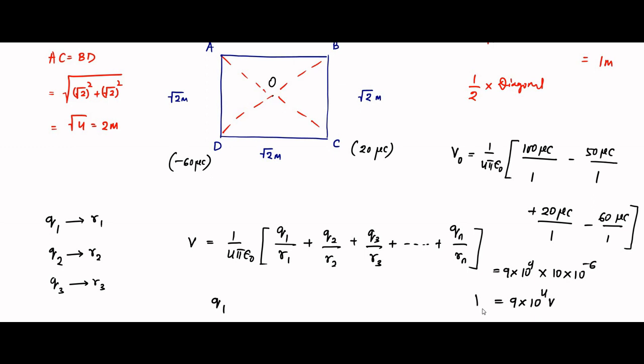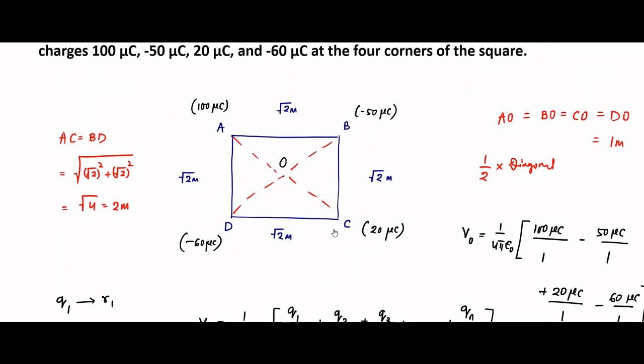That is the net electric potential at the center O due to these 4 charges QA, QB, QC, QD, which are situated at the 4 vertices, the 4 corners of the square.